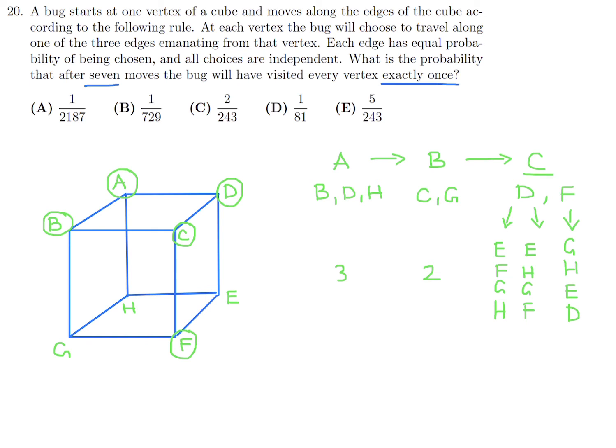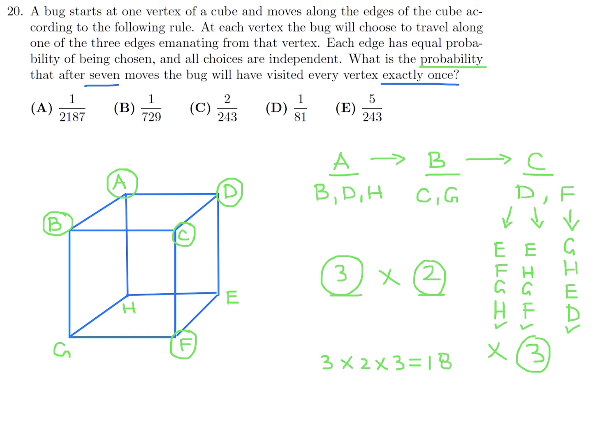So from C, we have three choices, these three. 1, 2, 3. These paths, I guess. So B gave us 2, A gave us 3. And no matter which combination you choose, this will be the end result. So 3 times 2 times 3, that is the total possible ways that you can satisfy the requirements of the question. So 3 times 2 times 3 is 18.